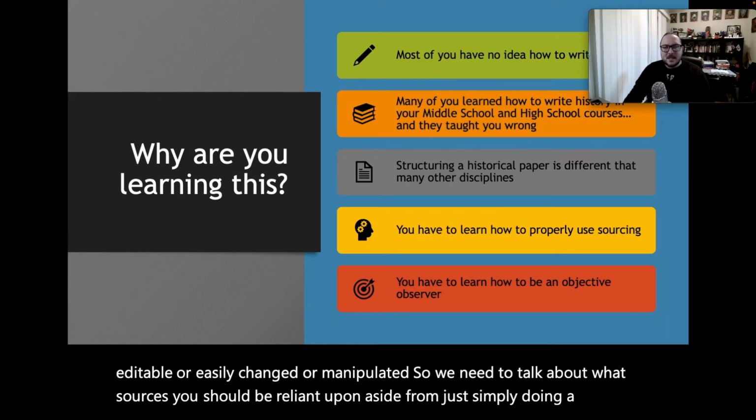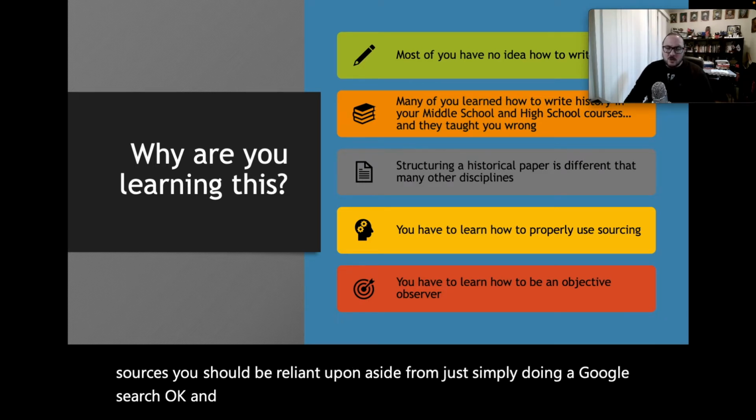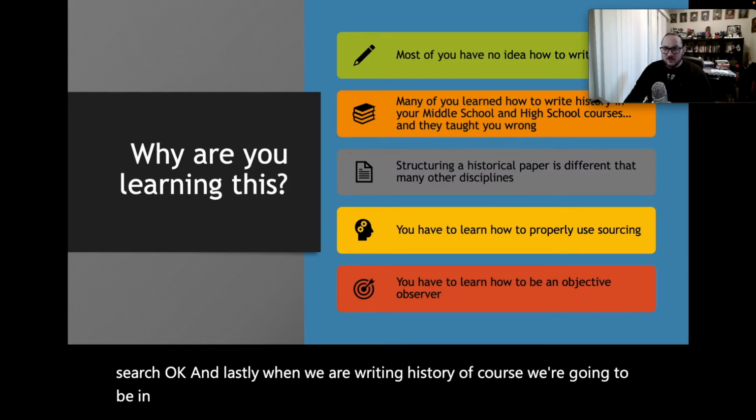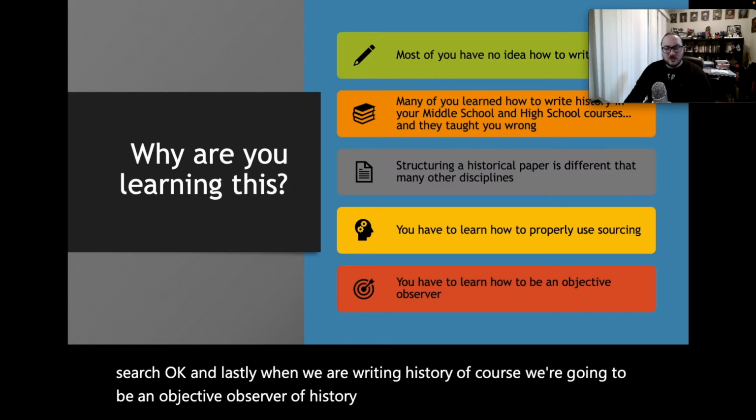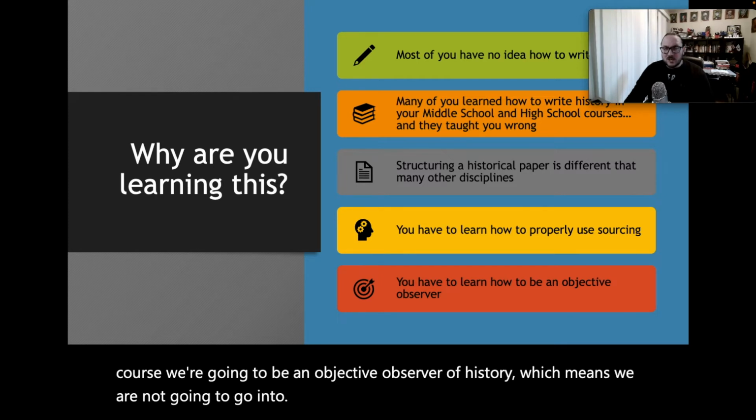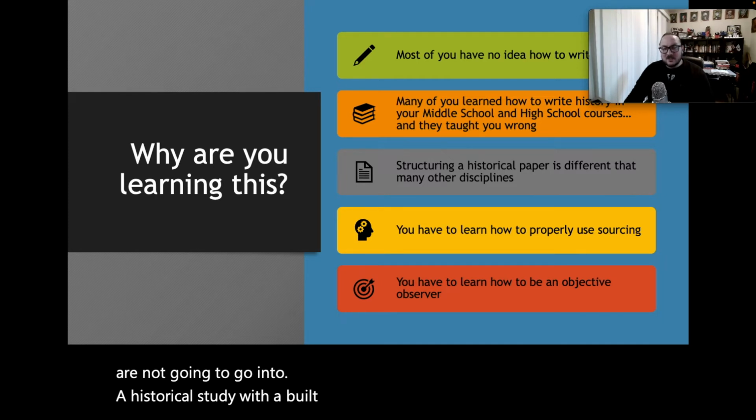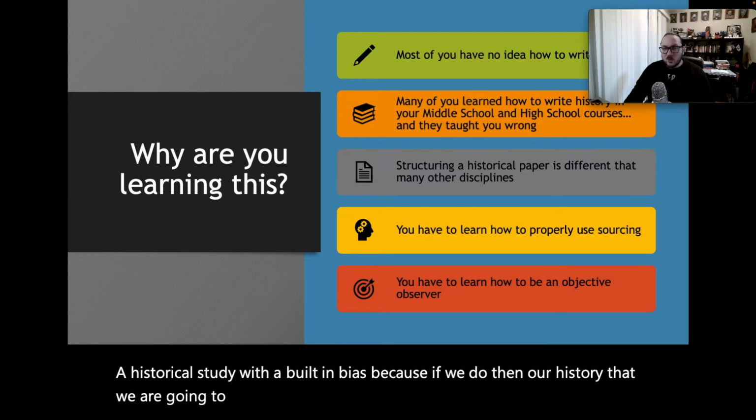And lastly, when we are writing history, of course, we're going to be an objective observer of history, which means we are not going to go into a historical study with a built-in bias, because if we do, then our history that we are going to write is not going to be accurate. And it's not going to be academically sound.